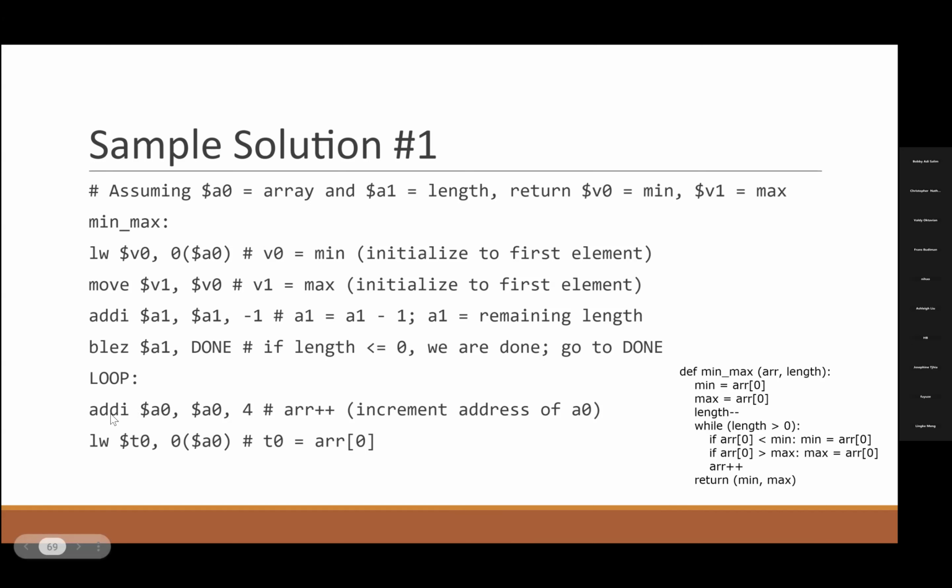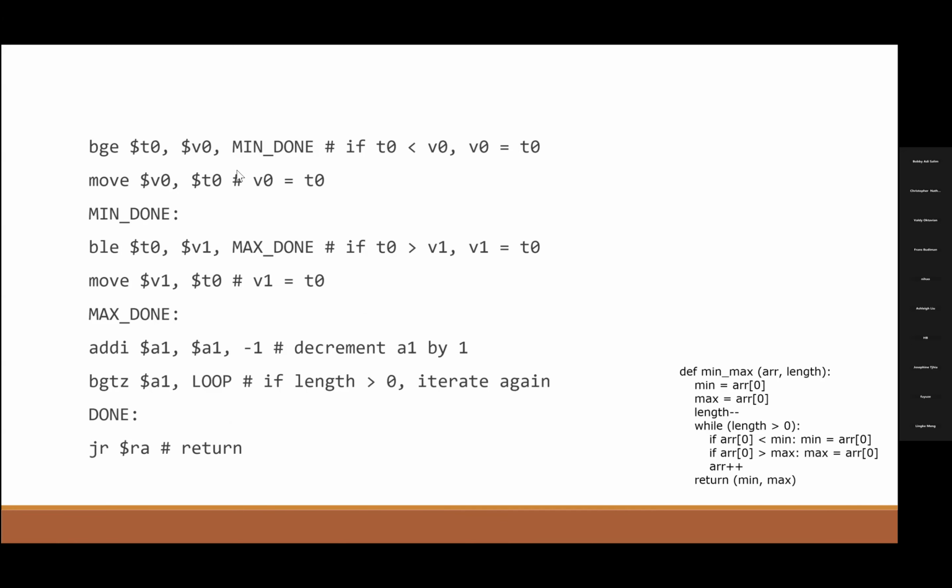Here we increment the address of the array, and then we'll store the new first element of the array into T0, and compare the value in T0 to V0 and V1.